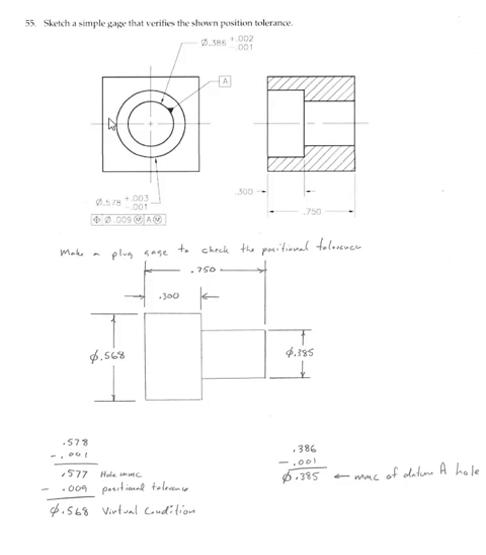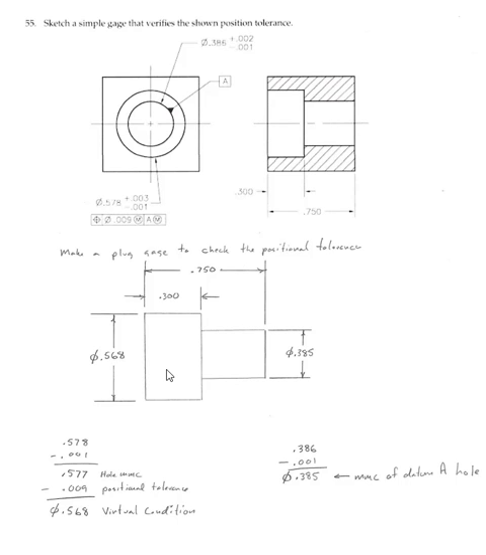Datum A here has a tolerance of 386 plus 2 minus 1 thousandth. Now the hole with the true position tolerance is the concentric hole on top, and it's 578 plus 3 minus 1. So I'm going to make a plug gauge to check that positional tolerance.